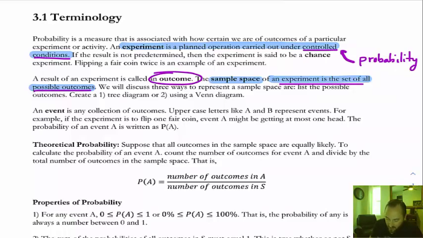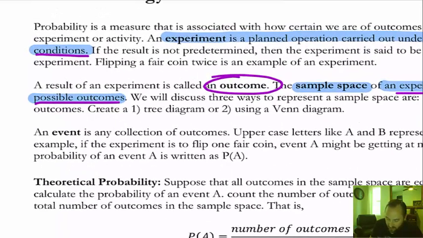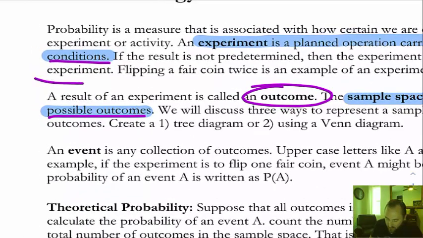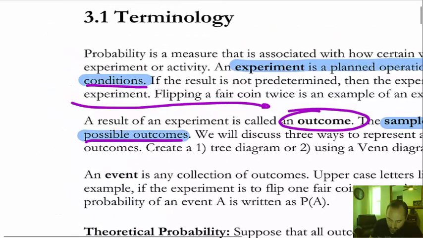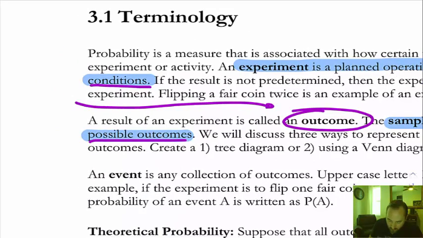Think of an outcome as like a combination. What would be the combination on your lock? Say 1, 2, 3, 4.